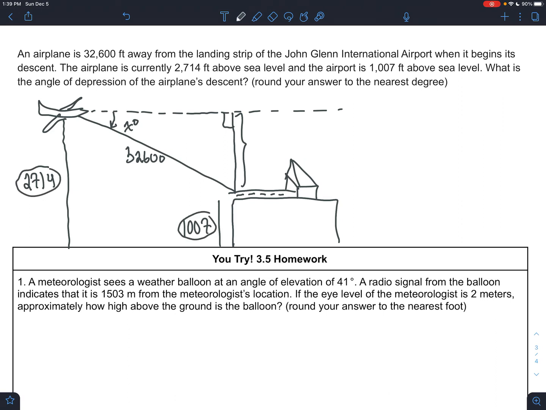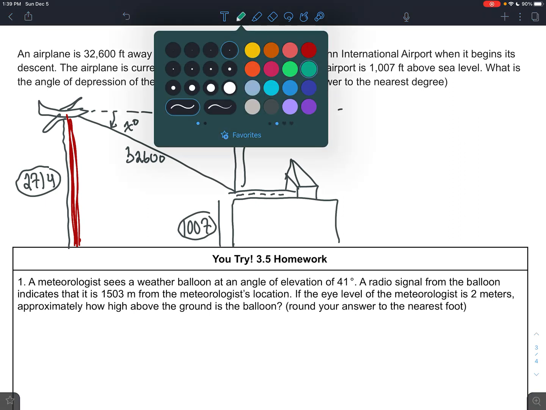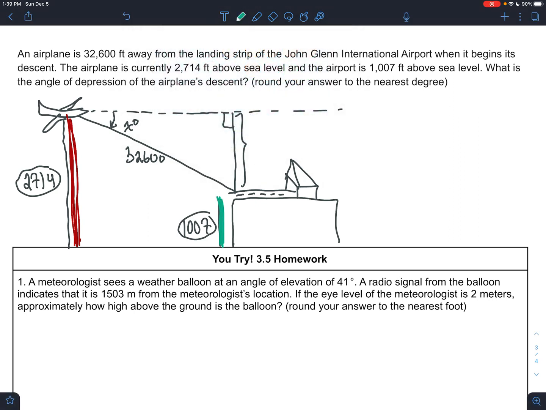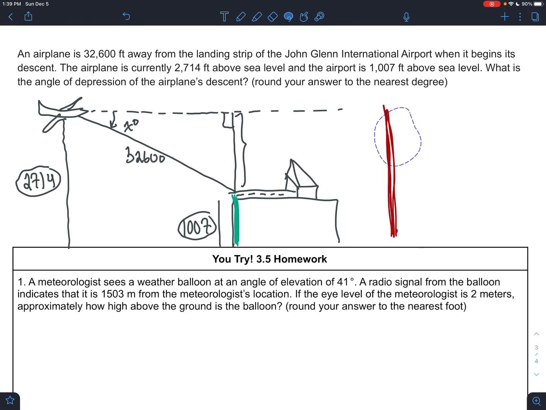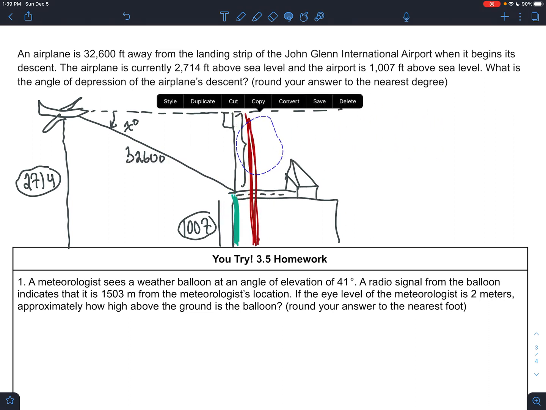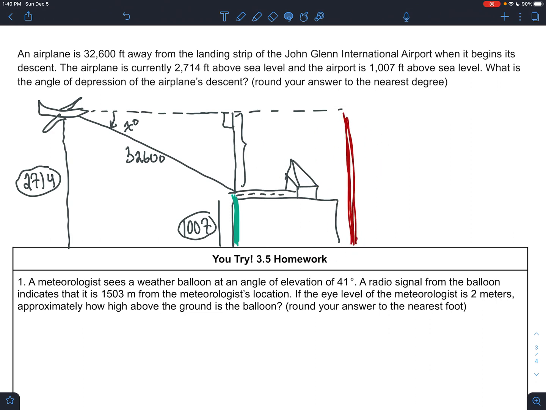So we have these numbers. We haven't used them yet. And it turns out that this distance here and this distance, when we put them together on top of each other, it turns out that if we take the red distance and subtract away the green distance, we get that height there.